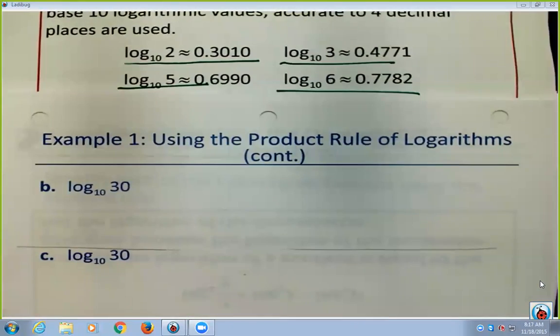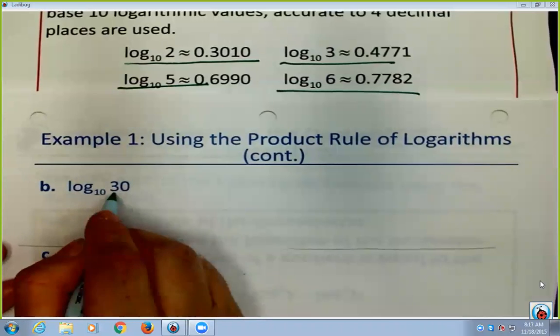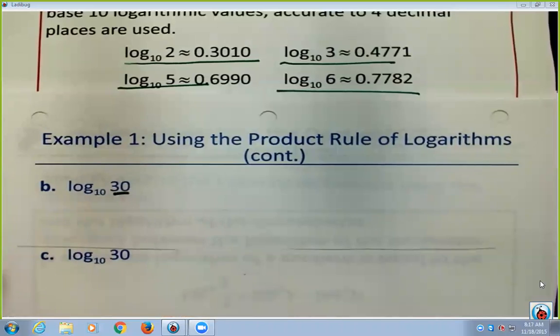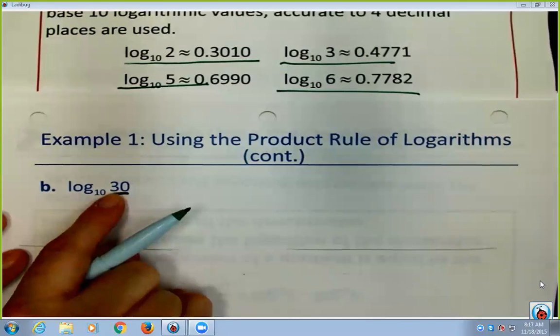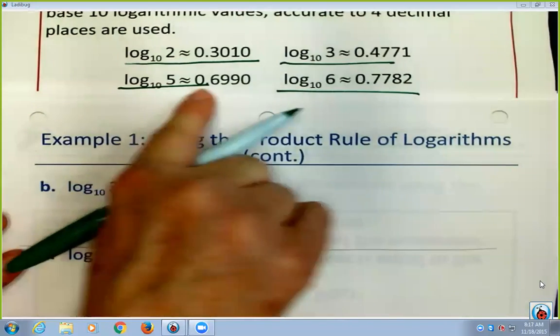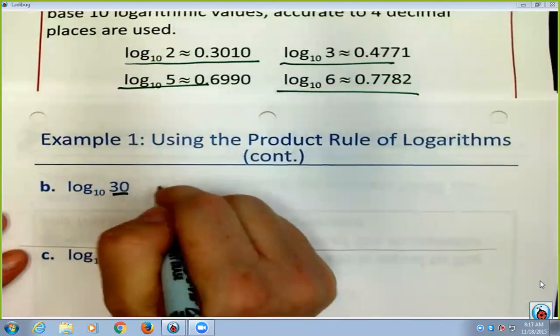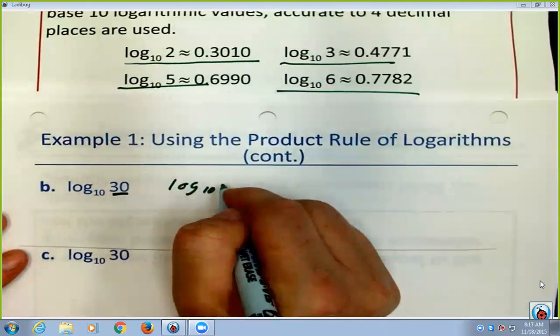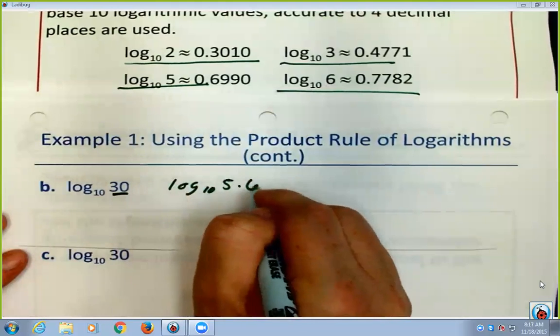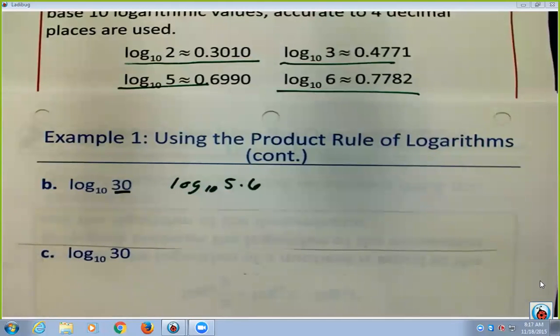We can take the number 30 and break it into multiples that use these things. So 30 is 5 times 6. So I have a 5 and I have a 6. So I could break this up to log base 10, and I could have 5 times 6 equal to 30.